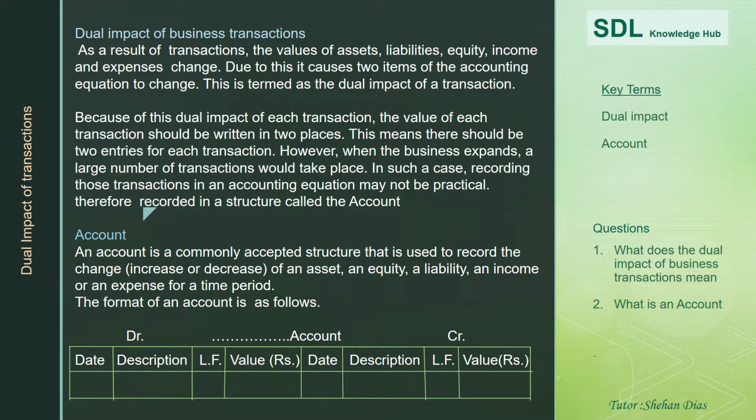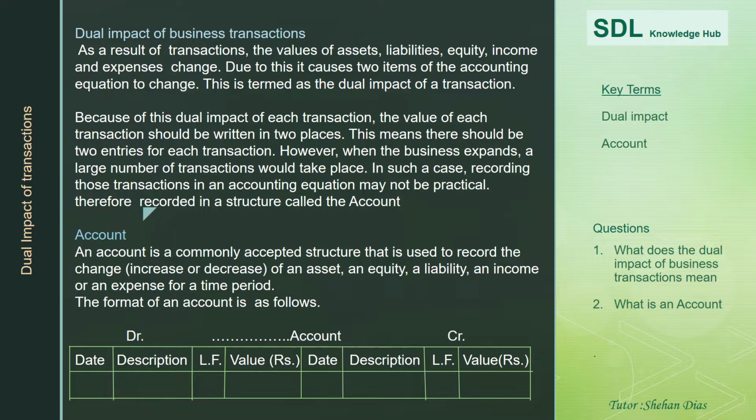Because of the changes in the accounting equation, for each transaction there will be two entries that will affect these accounting elements. So this is termed as dual impact of a transaction.